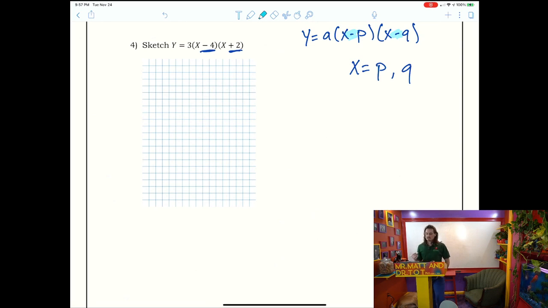If we have x minus 4, then one coordinate where this quadratic crosses the x-axis is going to be x is equal to positive 4. It's going to be the opposite sign of what's listed. If the other factor is x plus 2, then it's going to cross the x-axis at x is equal to negative 2. So we can start there.